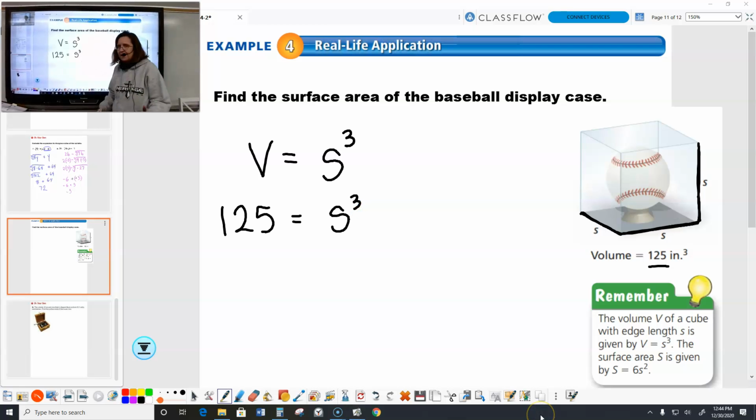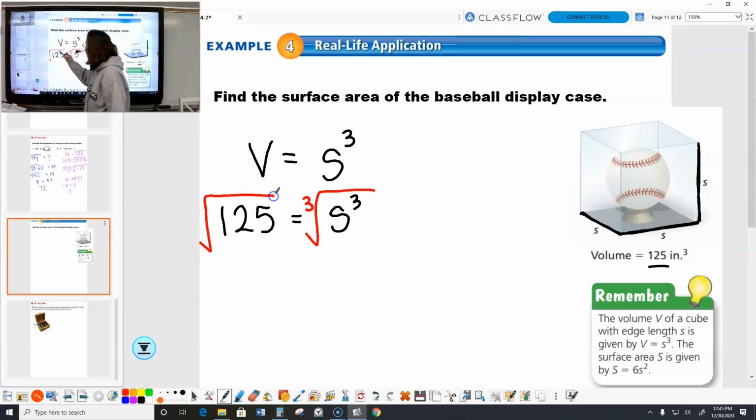But I don't want to know S cubed. I want to know S. How do I change an S cubed into an S? Well, I'm going to have to do the inverse operation of cubing. I'm going to need to take the cube root. So I'll take the cubic root here, because the cubic root and the cube will cancel each other out. But if I take the cubic root on one side, I need to also take the cubic root on the other side.